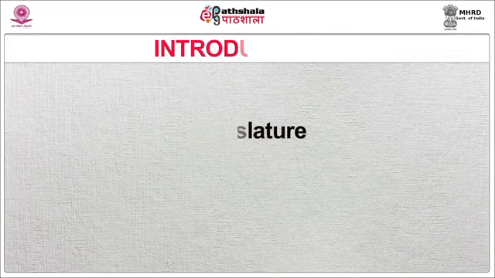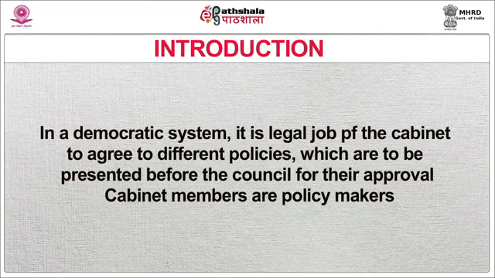Cabinet. In a democratic system, it is the legal job of the cabinet to agree to different policies, which are to be presented before the council for approval. Cabinet members are policy makers. The Prime Minister's powers have increased inside the cabinet in the modern scenario.